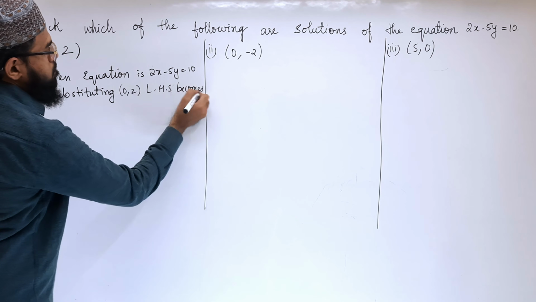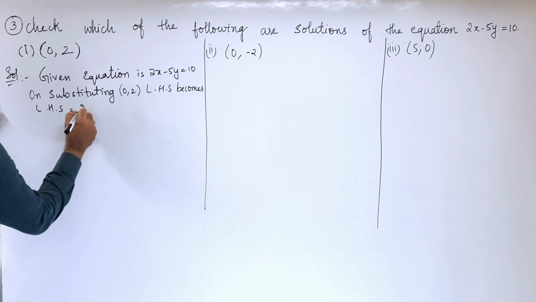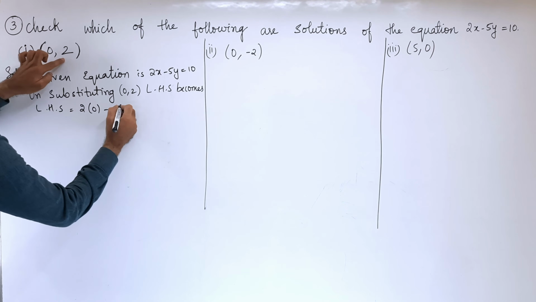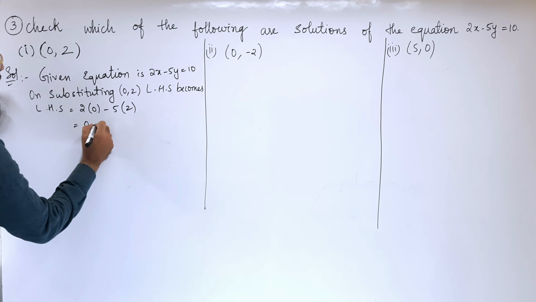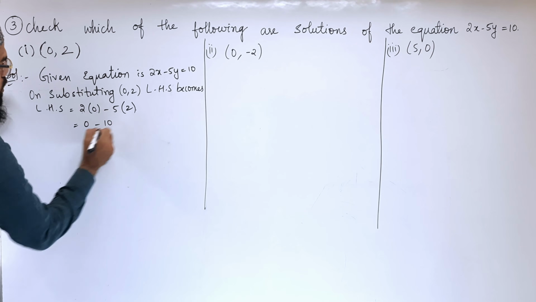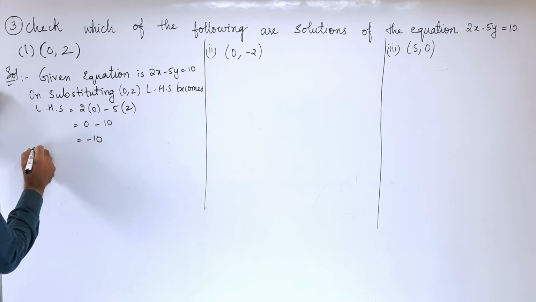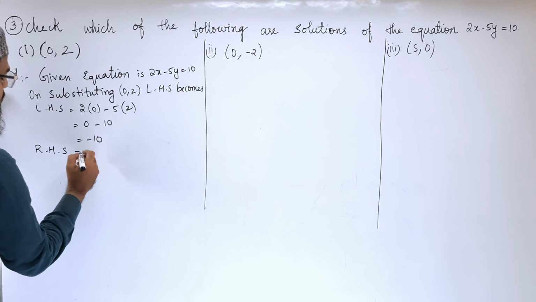LHS is equal to 2x, x is 0, minus 5y, y is 2. So 2 zeros are 0, minus 5 2s are 10. So 0 minus 10 is minus 10. Next RHS is equal to 10.